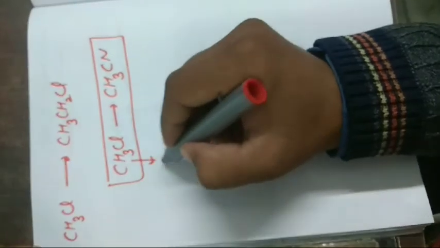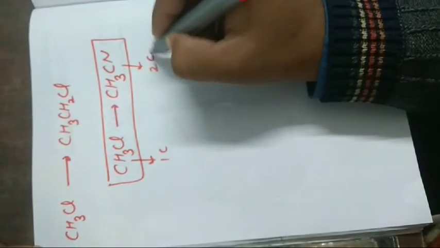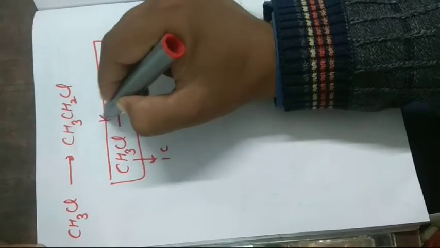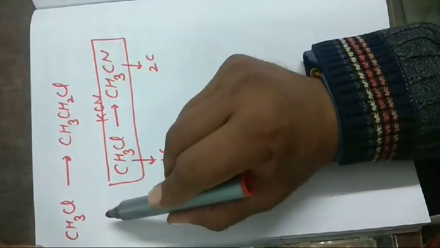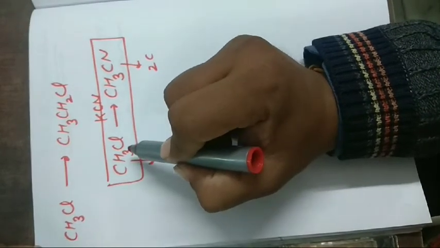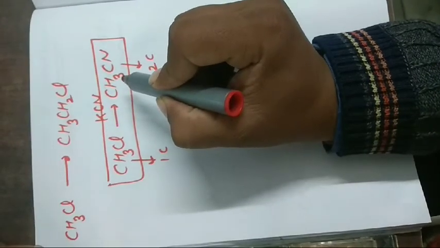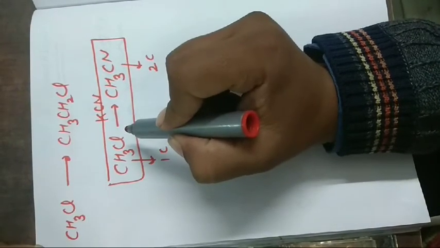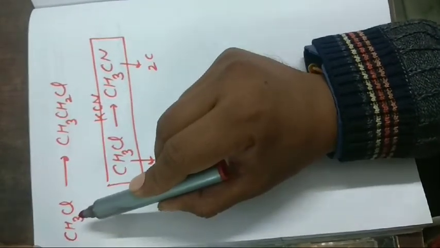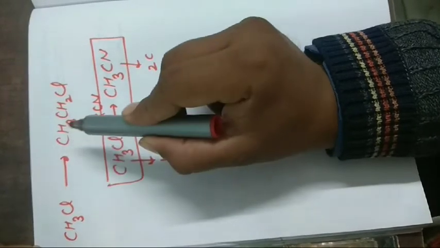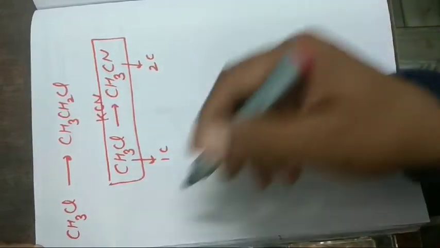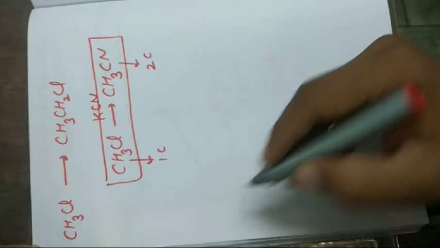Here the number of carbons is 1 and here it is 2. How can we proceed with that conversion? By simply reacting CH3Cl with KCN. Whatever reactant we have, we convert it into an alkyl halide, and that alkyl halide can be converted into alkyl cyanide. That linking reaction is used in a number of step-up reactions, in which one compound of a particular family is converted into another compound of the same family with more carbons. I am doing this conversion so you can get the idea.